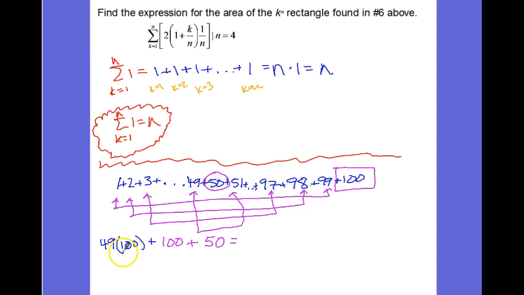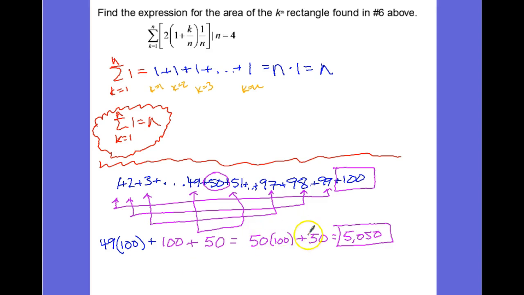Okay, so again, thinking about basic arithmetic, if you've got 49 100s and you add another 100, that's going to be 50 100s. And so 50 times 100 is 5,000 plus 50 is 5,050. And this is the answer that Carl Friedrich Gauss brought to his elementary school math teacher on the 19th century chalk slate that he had at his desk.